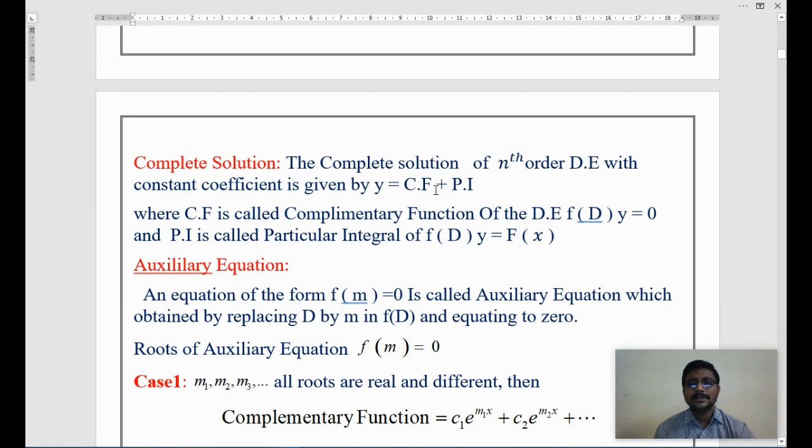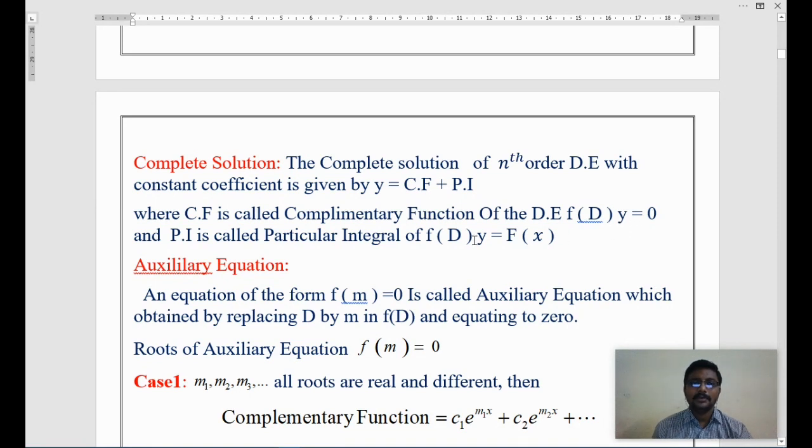The complete solution of the nth order differential equation is given by y = CF + PI. What is the CF here? Complementary function of the equation f(D) y = 0. We just take the right hand side as 0 in the given equation and compute its solution. The solution is nothing but the complementary function.